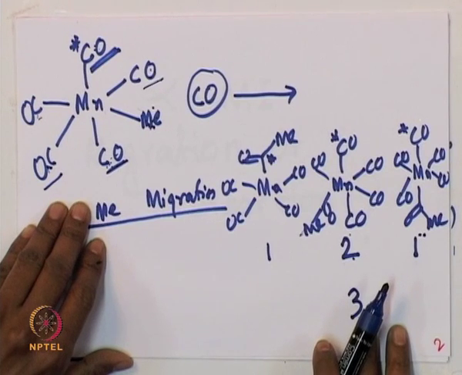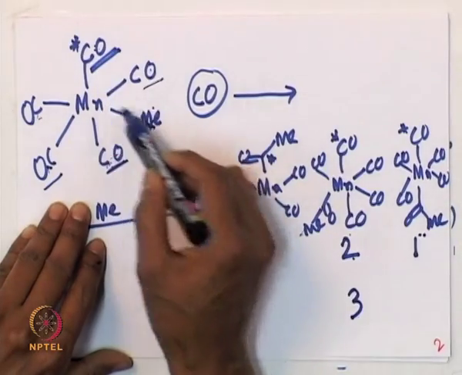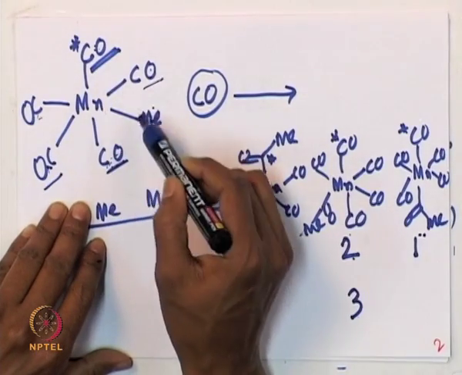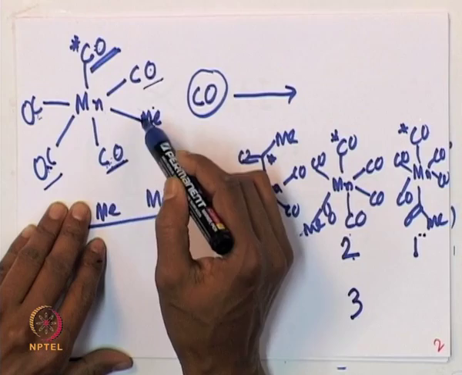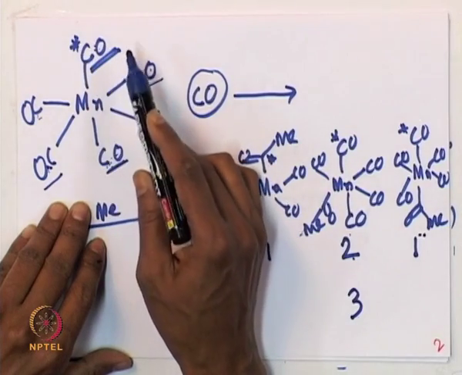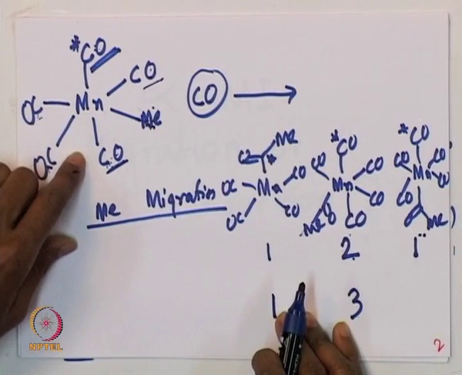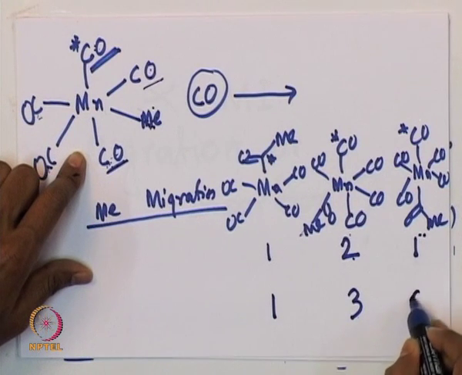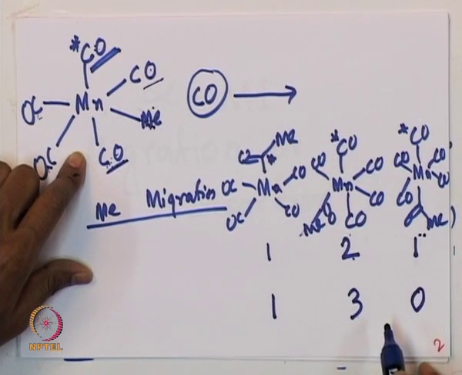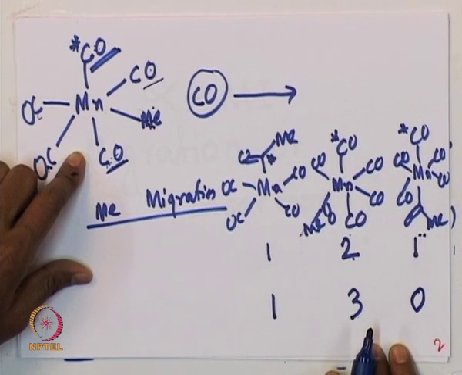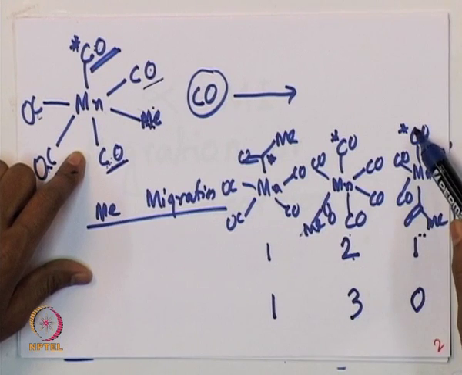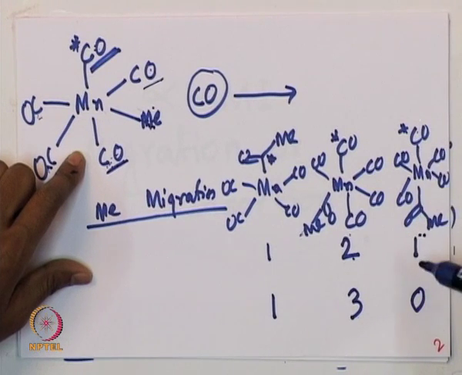Of course, another thing that will be possible is the labeled CO being in the axial position as well. You will get 1 of this, but this product you will not be able to get at all, because there is no way you can get the axial labeled CO if CO is getting inserted.